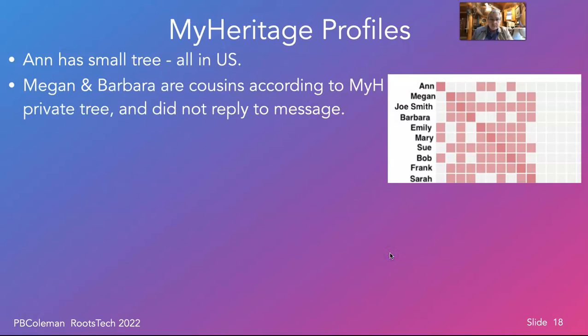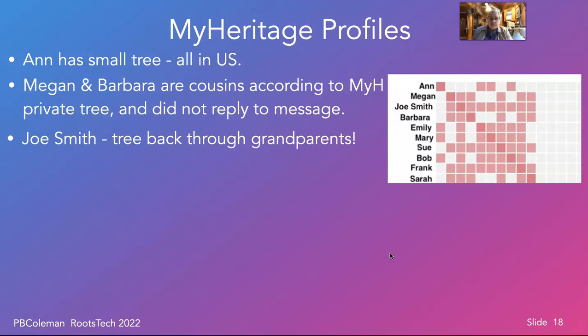Megan is the second person in the cluster, and Barbara is the fourth. They're cousins, according to MyHeritage. They share the same private tree, but did not reply to my message. So I have no information about them at all, other than they're cousins, and they obviously are somehow connected to Joe as well as to me.